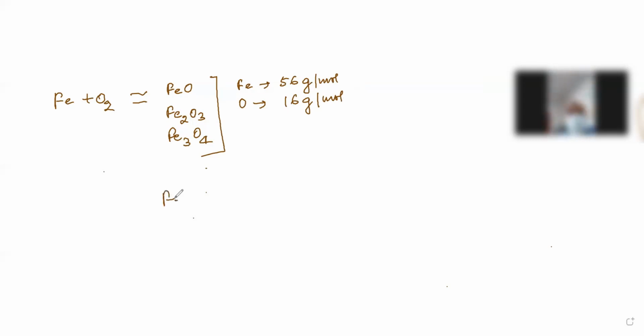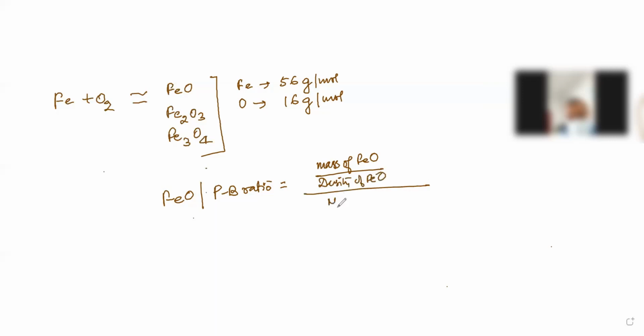Then for FeO, if I want to calculate PV ratio, it will be mass of FeO divided by density of FeO, then mass of iron divided by density of iron, right?